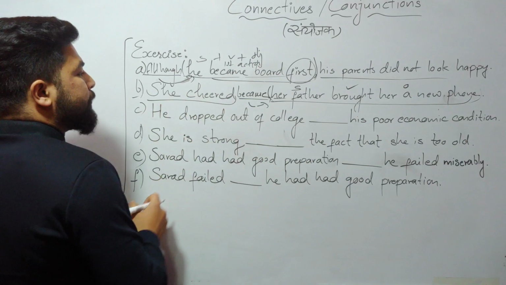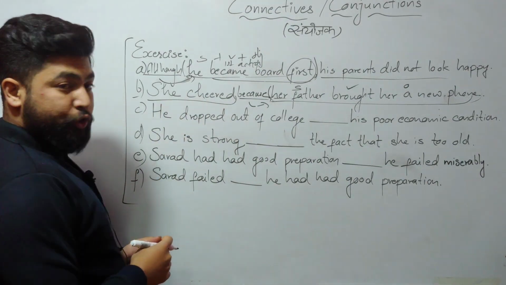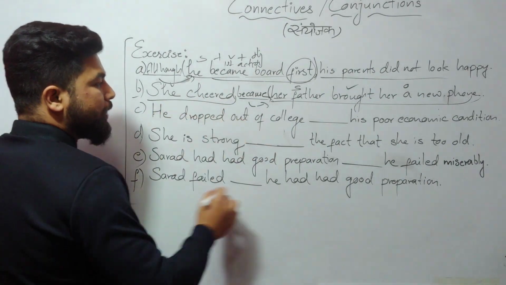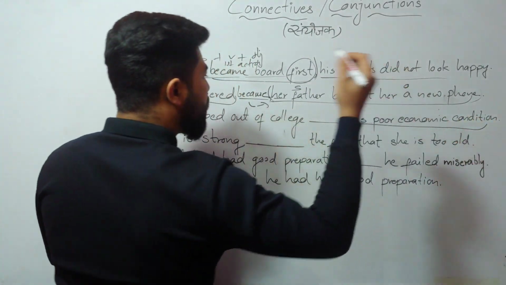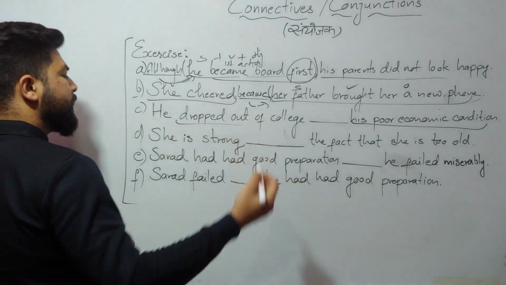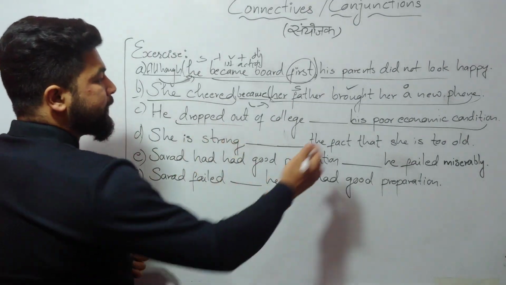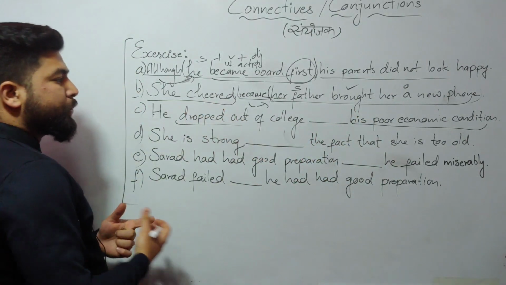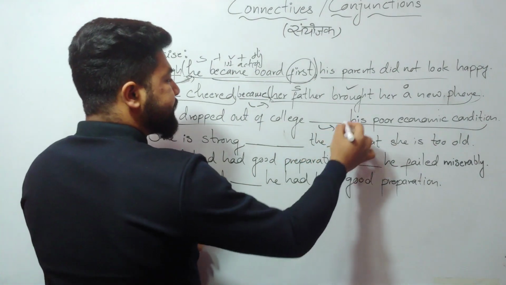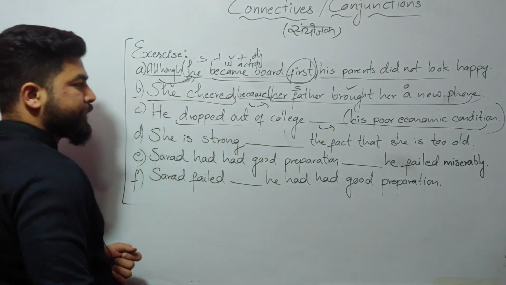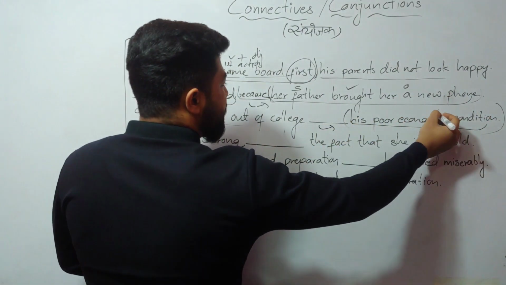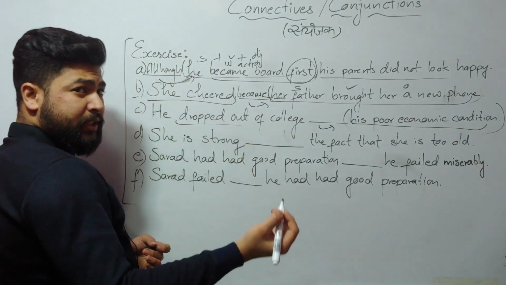C. He dropped out of college, his poor economic condition. So poor economic condition and dropping out, they go together, right? They get along. So this is reasoning. There's nothing conflicting. Very natural. So you have to see what's after the blank space. His poor economic condition. Do you see subject, verb, object here?